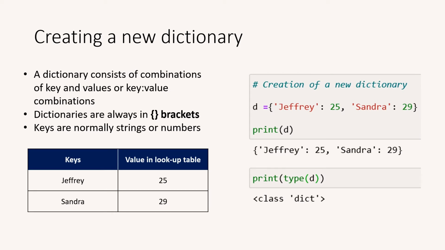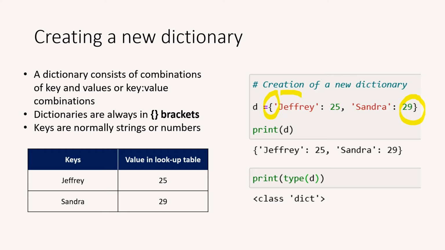So how can we create a dictionary? As you already know, we always created a list, for example, by using square brackets. If we want to create a dictionary, we have to use curly brackets. That defines in Python the beginning and end of a dictionary. And how is a dictionary built up? It always has a key and a value attached to it.